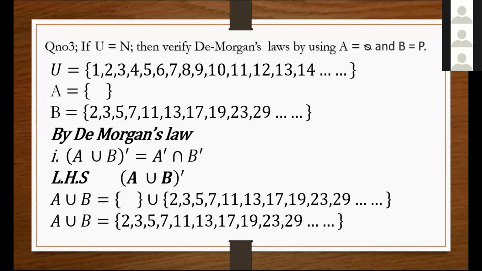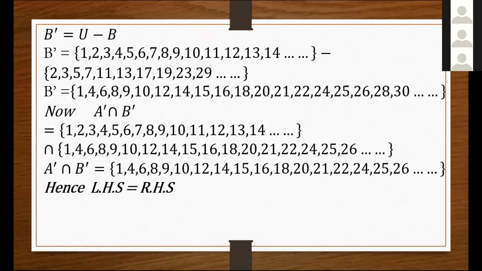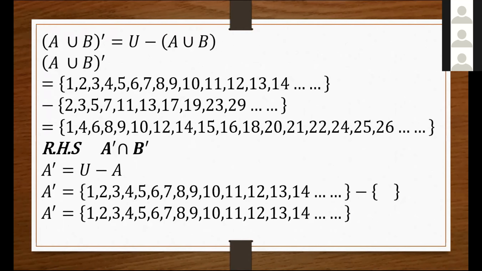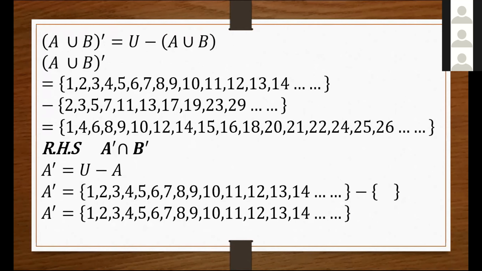The left hand side is (A union B) complement. First of all, we will take A union B. A is an empty set, and union B, which is the prime numbers. When we take its union, the answer will be these prime numbers displayed here, which are 2, 3, 5, 7, 11, 13, 17, and so on.